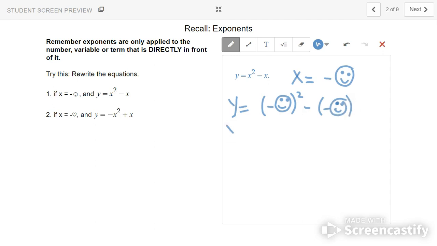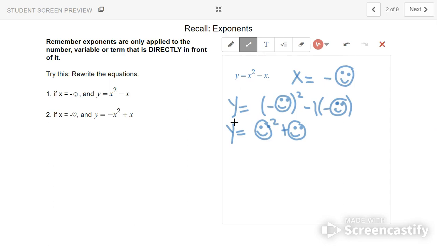But now when I'm going to simplify, I have to deal with the exponent first. So 2 negatives will give me a positive smiley face squared. And now this one, I only have a negative 1 times negative smiley face. That gives us a positive smiley face.